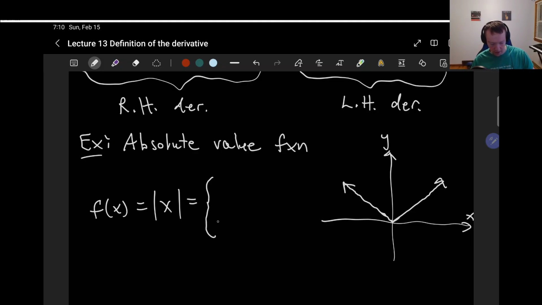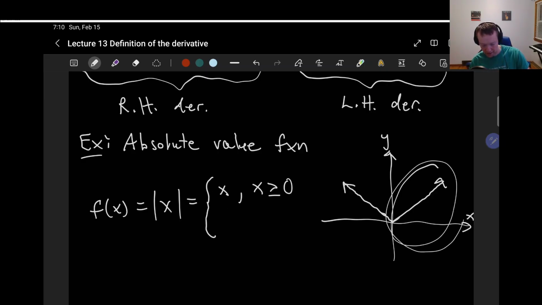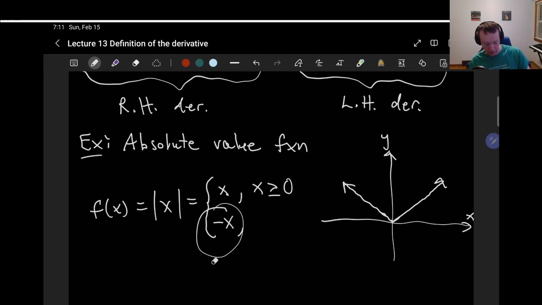And in particular, this is a piecewise function. So when x itself is positive or 0, this just gives us back x. Hence over here we see the line y equals x. But if x is negative, then we take the negative of that negative to make it positive. So this is when x is less than 0, or x is negative.